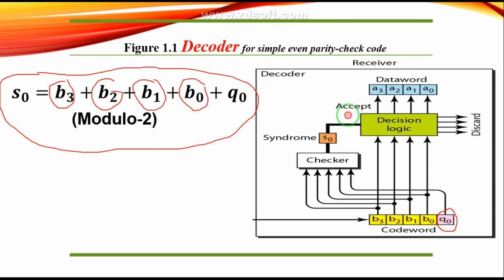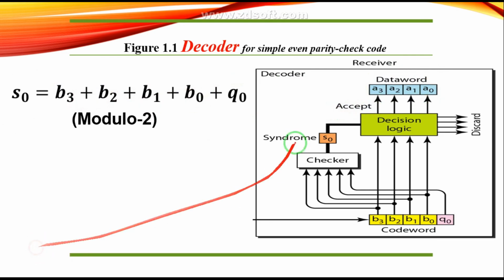As I told, if the syndrome is 0, there is no detectable error in the received code because the number of ones in the code word is even. And then the data portion of this received code word is accepted as the data word.